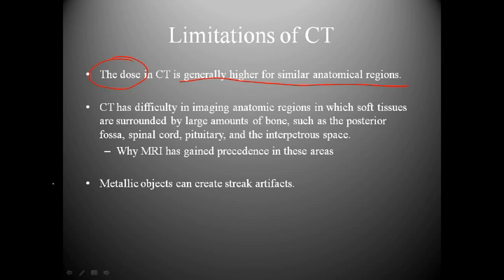I always think about scanning patients that have Harrington rods in their back, and if you do a chest CT or a T-spine, things like this, your images pretty much don't look good at all because you have such an enormous amount of streak artifacts that the images become quite unreadable. And so things like this really do cause difficulties in terms of CT.